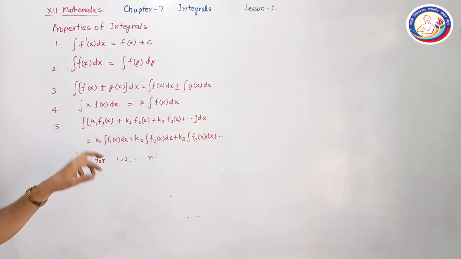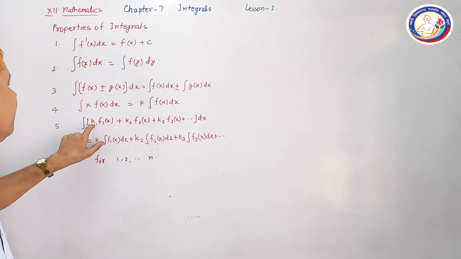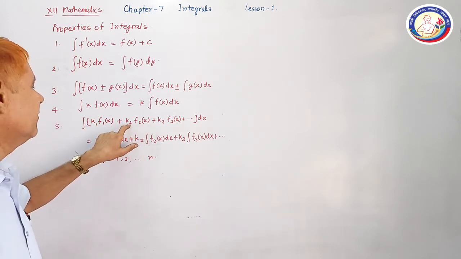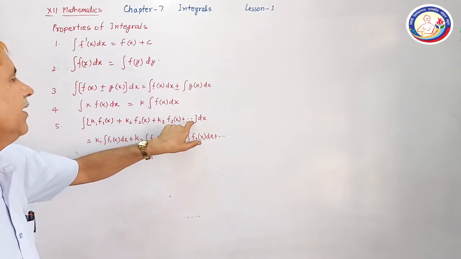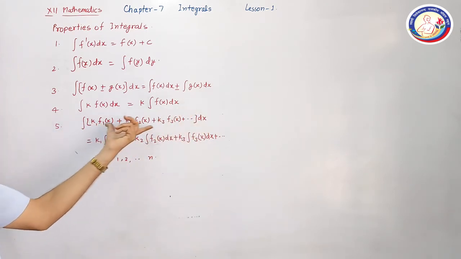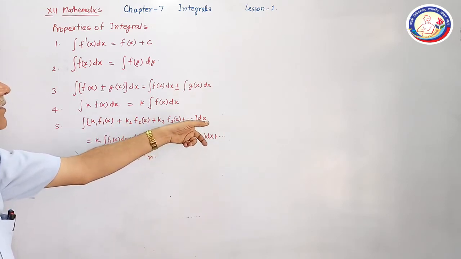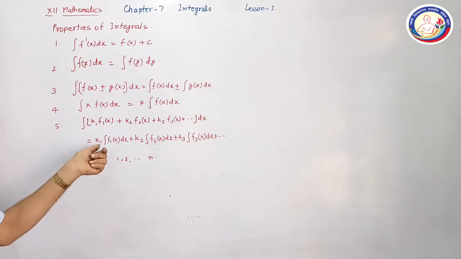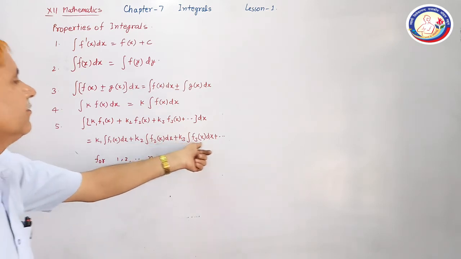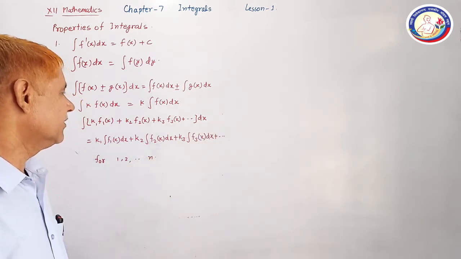Similarly, if a function is like k1 f1 x, the first function multiplied by a constant number k1, the second function by k2, the third function by k3, and the last will be kn into fn x, then the integral of this whole expression will be k1 into integration of the first function, k2 into integration of the second, k3 into integration of the third, and kn into integration of the last function.